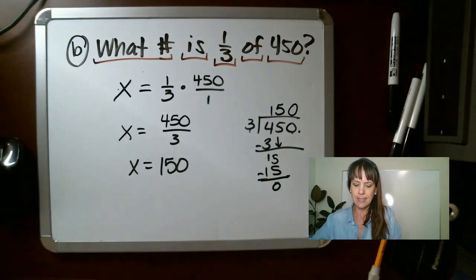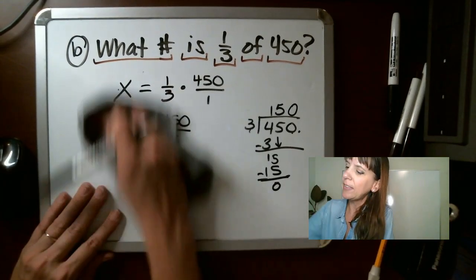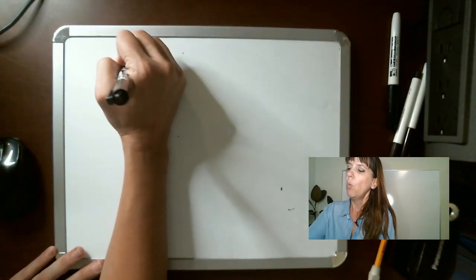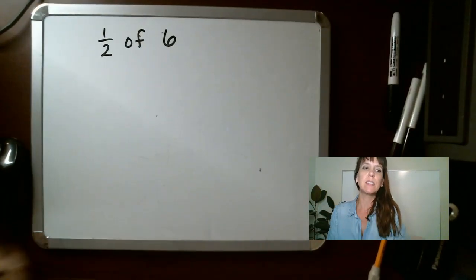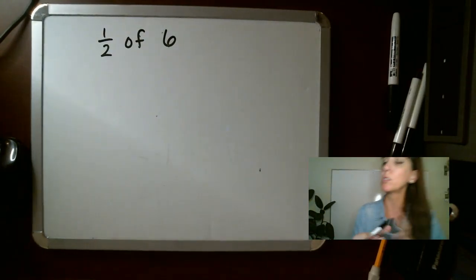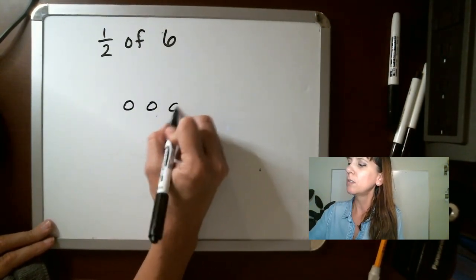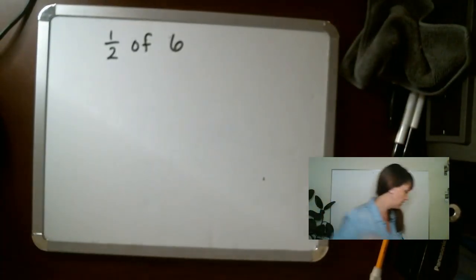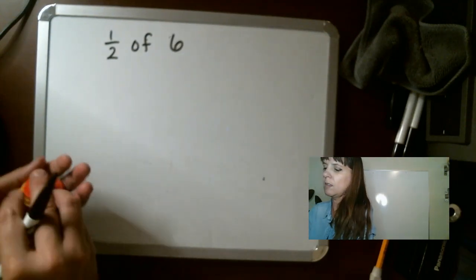All right, guys. Now, a way to think about this that the example has, it says 1/2 of 6. Instead of using the math part of it, we could think about how we're doing this visually. So we have 6 total, and I'm going to use my chips.